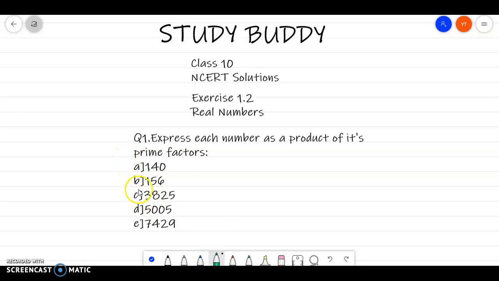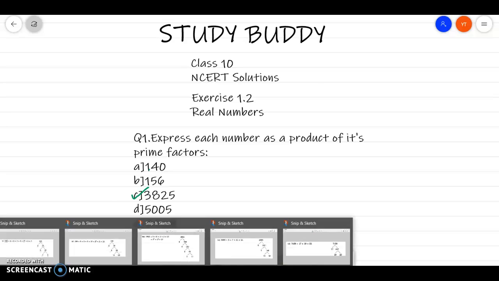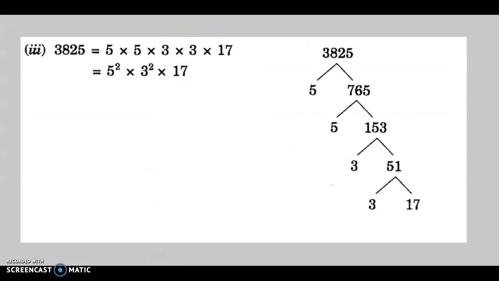Third question is expressing 3825 as a product of prime factors. Now, 3825 can be written as 5 into 765, and 765 is a composite number and can be written as 5 into 153. 153 is once again a composite number and can be written as 3 into 51. 51 is also a composite number and can be written as 3 into 17.